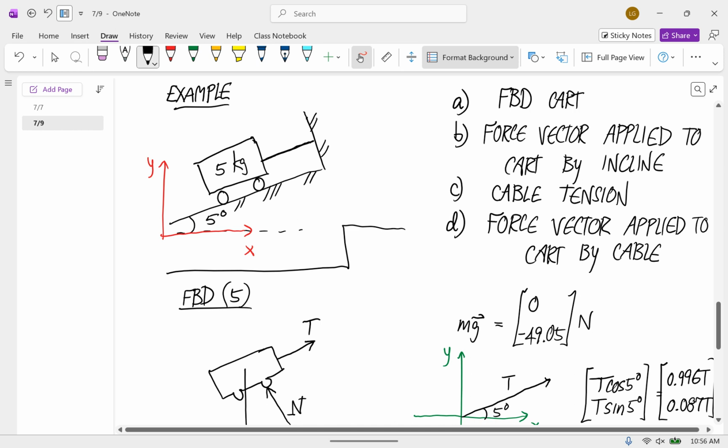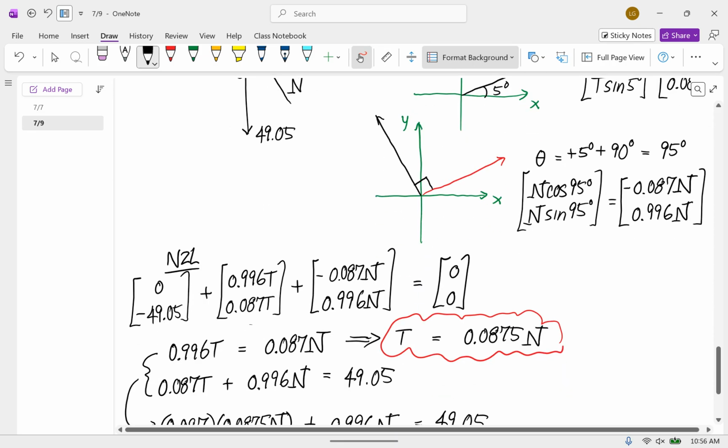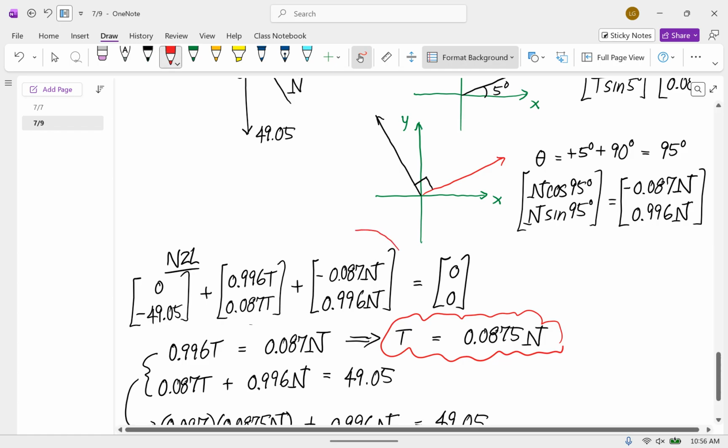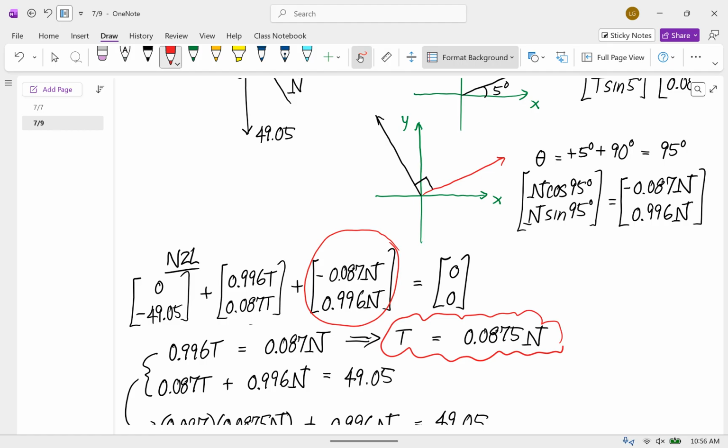Okay. So let's go back down here to Newton's second law and figure out which one of these vectors represents the force applied to the cart by the incline. Okay? The answer is this one. And so in order to come up with the force vector applied to the cart by the incline, we have to just plug our n value into this. Okay?